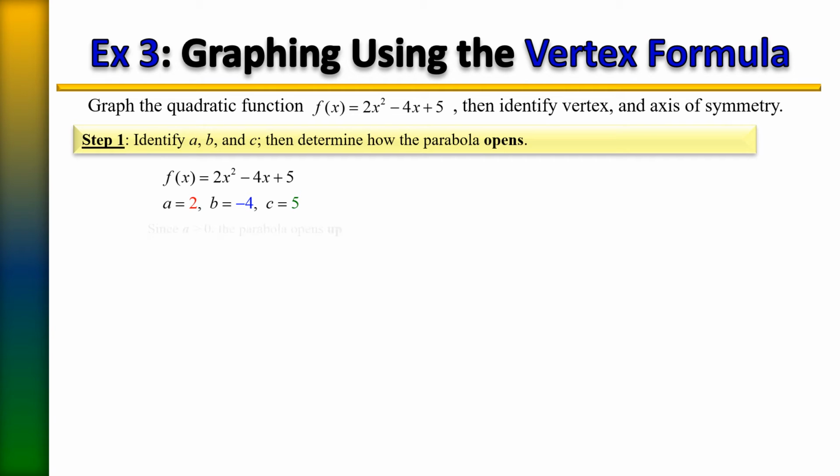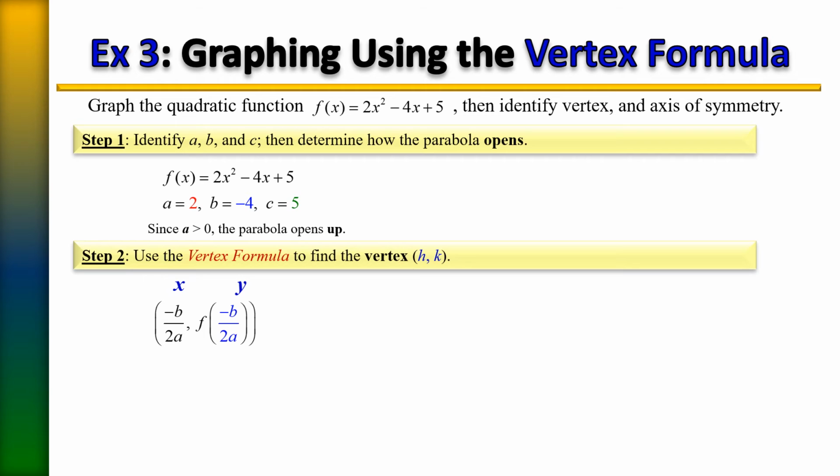Now the vertex formula itself, to remember, it is always going to be, to get your x value, you're going to calculate negative b over 2a. And then once you get that value, you're going to plug that back into the function itself in x's place.